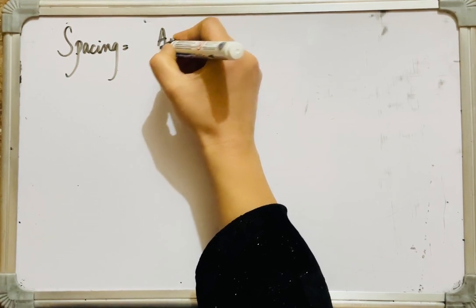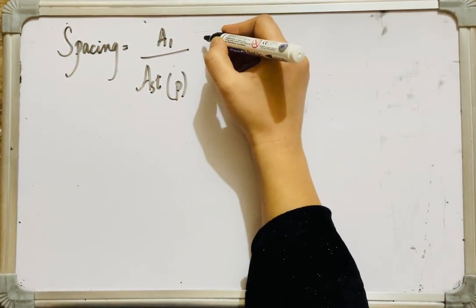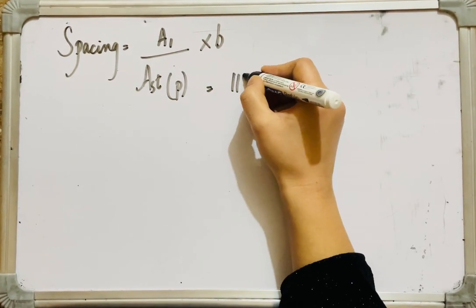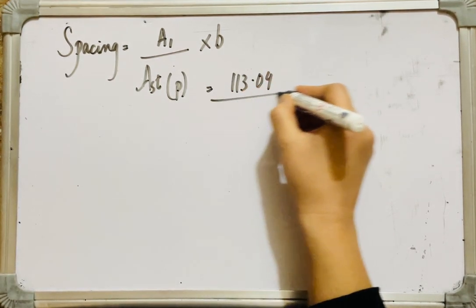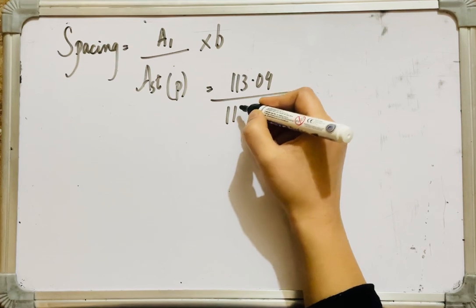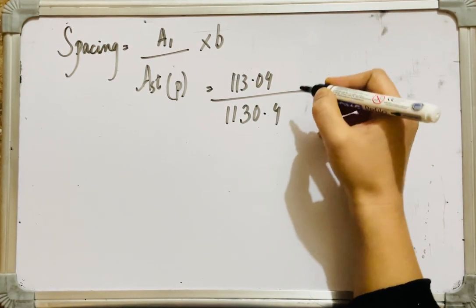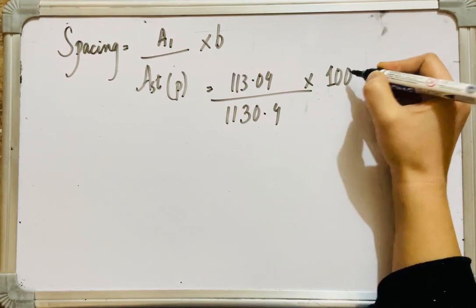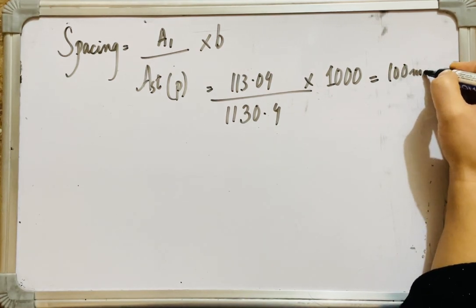Area of 1 divided by AST provided multiplied by the B. So area of 1 is 113.04 divided by AST provided, how much did I keep, 1130.4, multiplied by breadth, which is 1000 or 1 meter or 1000 mm, and by calculation it is 100 mm.